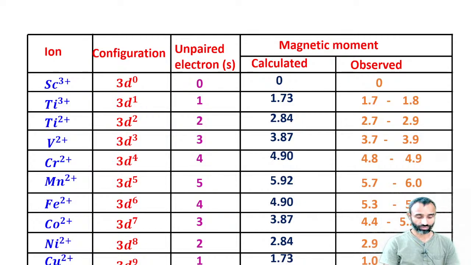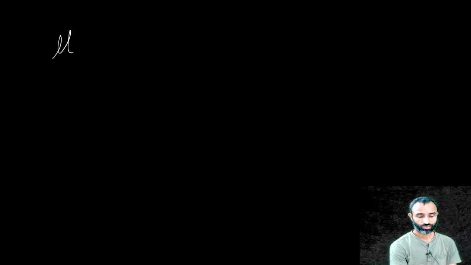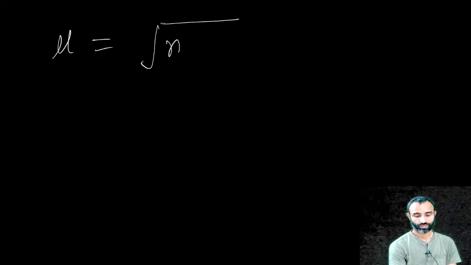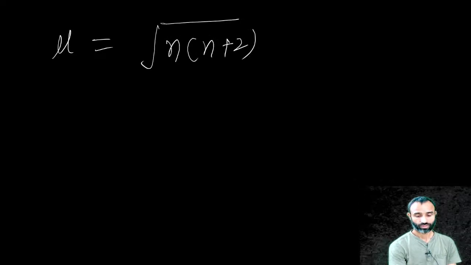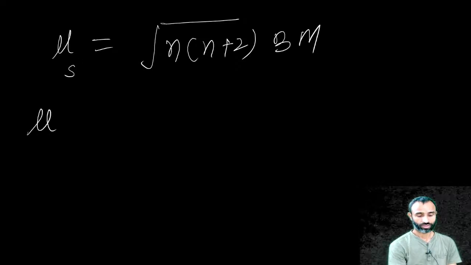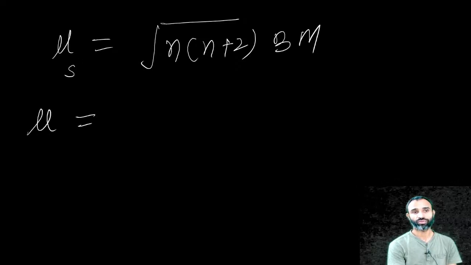We write it as spin only magnetic moment, ठीक है, और इसका फॉर्मूला क्या होता है? Under root n into n plus 2. And this is called spin only magnetic moment, right?